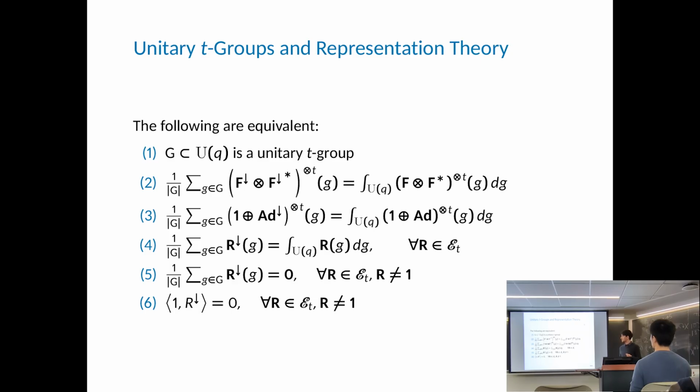In order for this to be true, we need the left-hand side to vanish because we know that if R is an irreducible representation of UQ, and then we project onto the trivial representation of UQ, this will vanish. And so ultimately, to have a unitary T design, we just need, as a representation of G, R down to have a trivial isotypic projector when we project onto the trivial representation, which just means that the interfacing character is 0. So this is kind of some fancy footwork with representation theory.